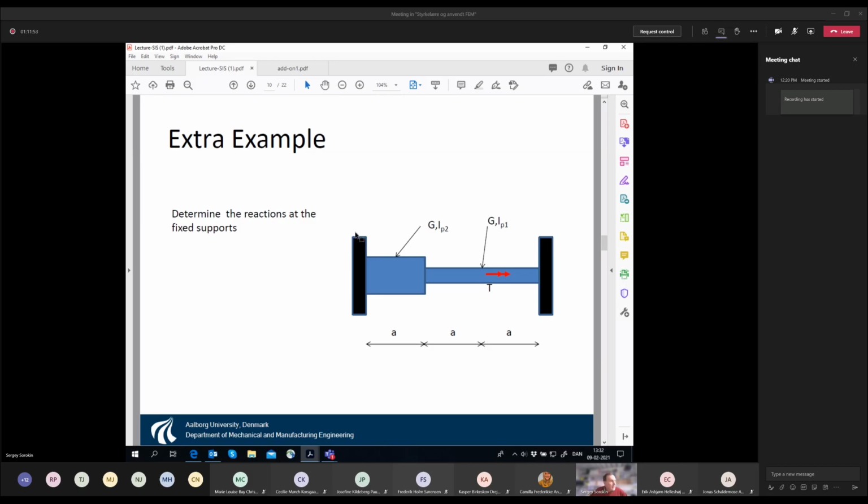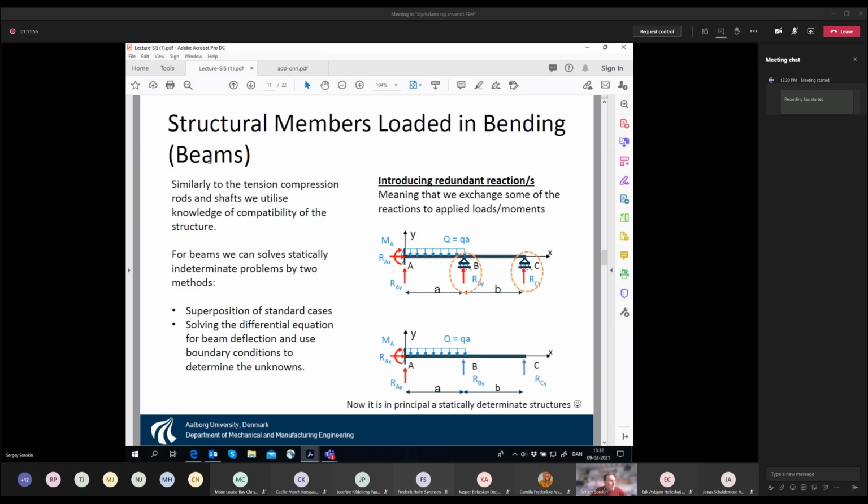So it's very simple. Now we go to bending, and of course in bending there are a lot of redundancies. We have a lot of constraints of displacement. A simple example is if you imagine a rail lying on sleepers, and you have a lot of sleepers, right?